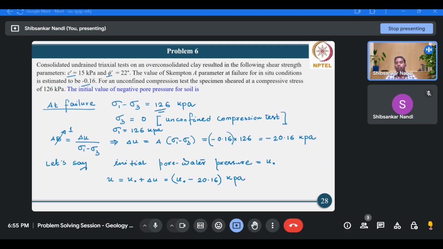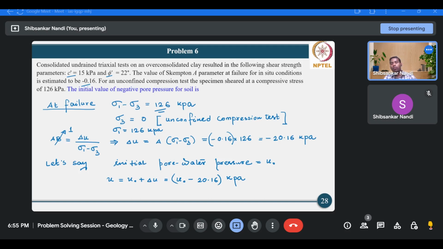From the deviatoric stress, you can calculate the major principal stress since the confining pressure is 0. Again, from the Skempton pore pressure parameter A, you can determine the change in pore water pressure, and if you add that to the initial value, that will be the final one.